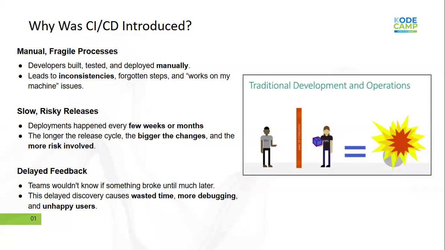Then there were slow, risky releases. You'd see deployments happen every few weeks or months. For example, once a user complains, oh, XYZ is happening, you have to schedule a deployment. You understand? Because you cannot be deploying every day, since it's a manual process.